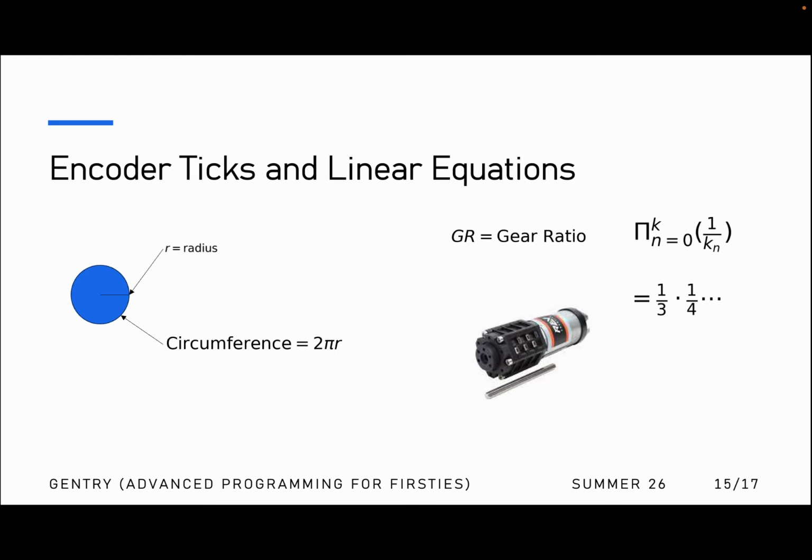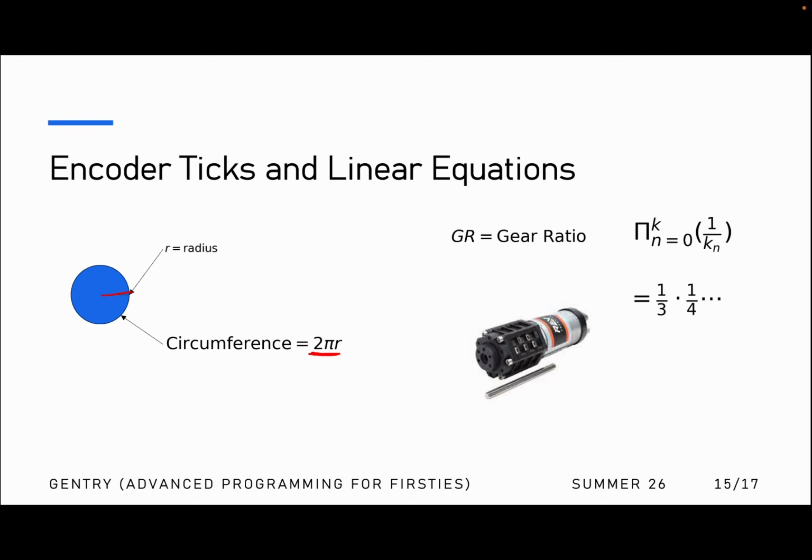So for encoder ticks, how these work is a little bit different, right? Because we know that, hey, if we want to drive a motor, we want to drive at a certain number of encoder ticks. So our circumference is going to be 2 pi r, and that's just your normal circle formula with the radius.